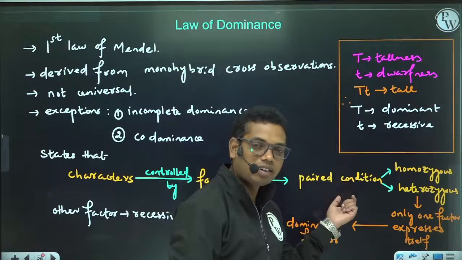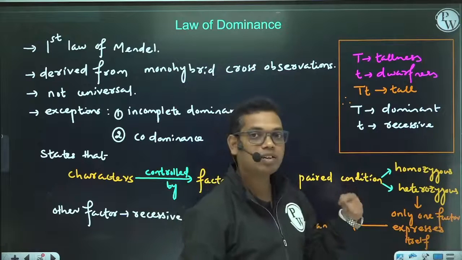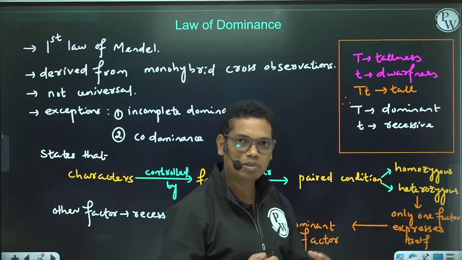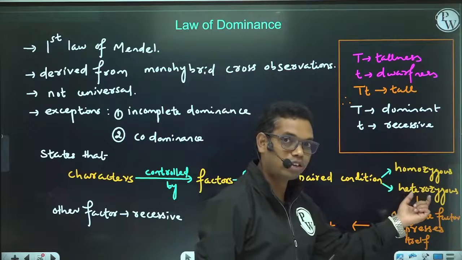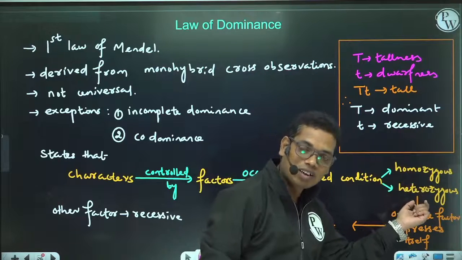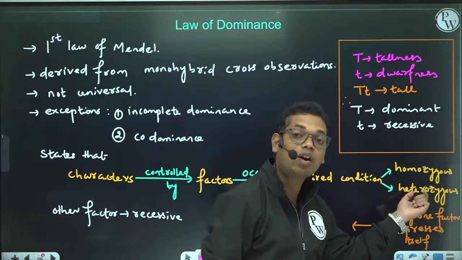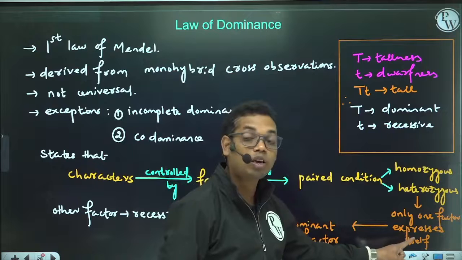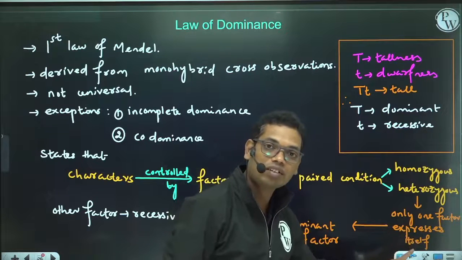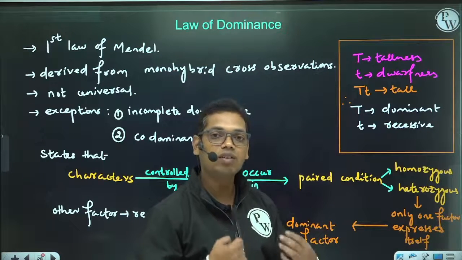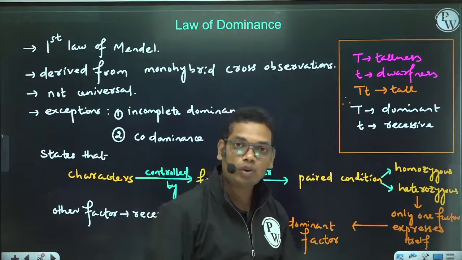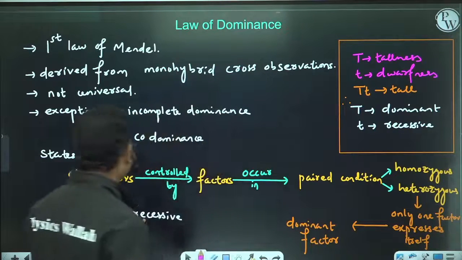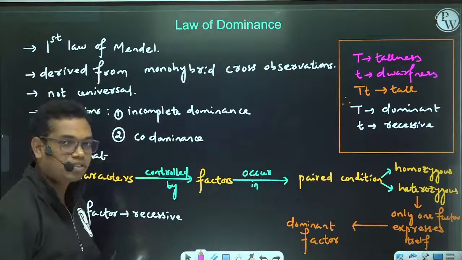In paired condition, the factors may be of similar type, and that condition will be called homozygous, or of dissimilar type, and that condition will be heterozygous. In heterozygous condition, only one factor will be able to express itself, and that factor is called the dominant factor, while the other factor will be called the recessive factor.